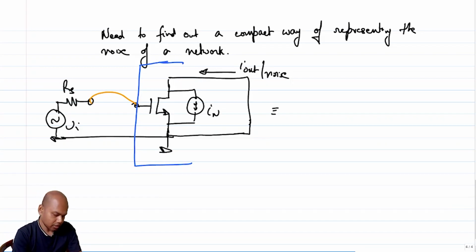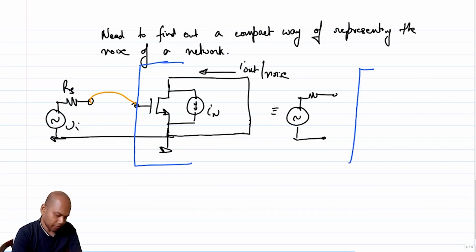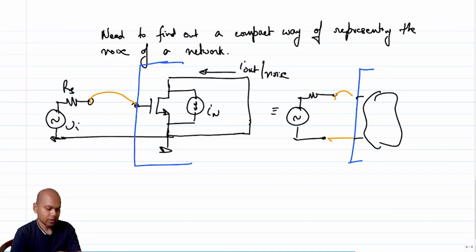The goal is, can I represent something in the network boundary in such a way that, what is a simplistic way of representing this box so that I can encompass the entire noise inside the box without affecting the representation of the circuit.